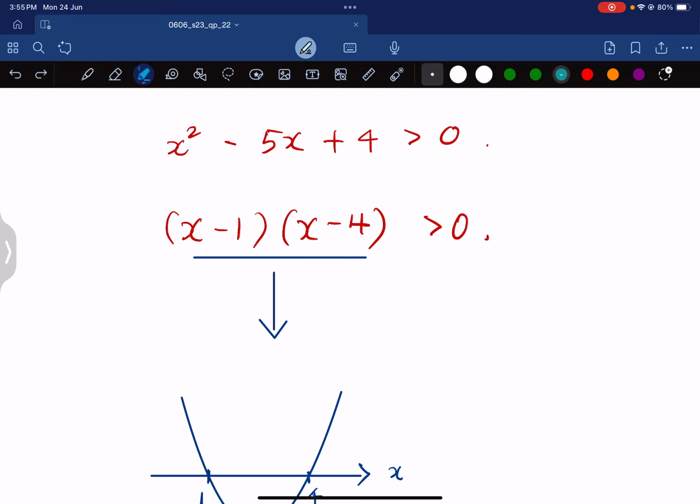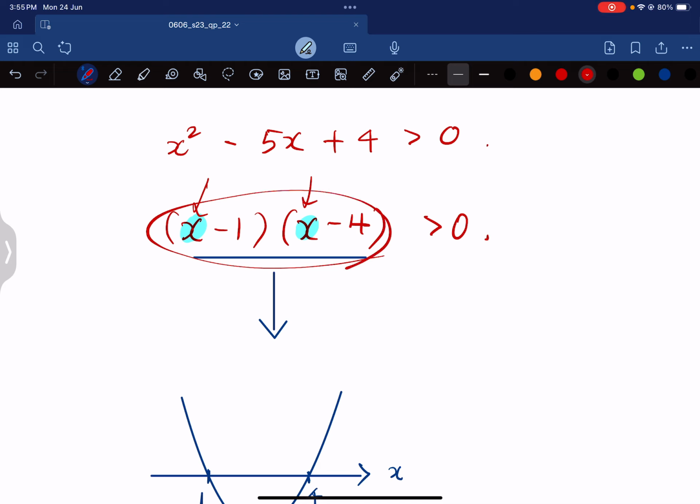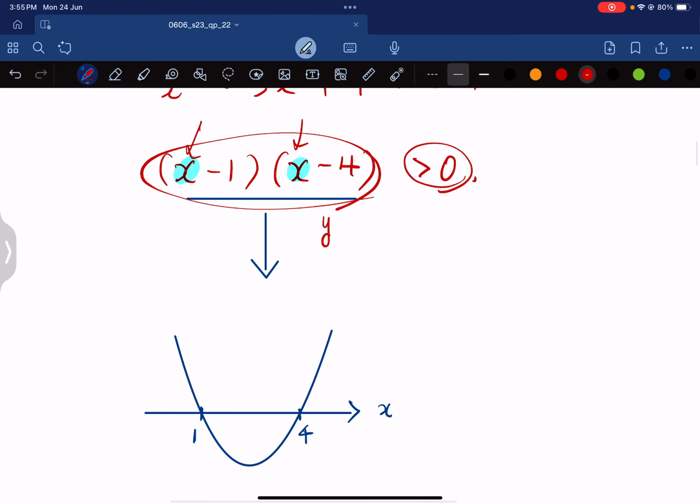equivalently asking for what interval of x, when you substitute each value in, the entire thing will give you an output, which is positive, which is greater than 0. So the output is y, so we look at the part where the y coordinate is negative, right?